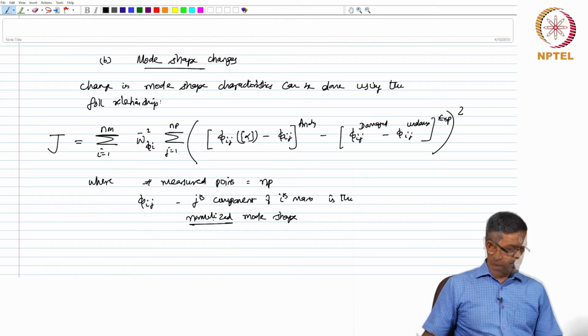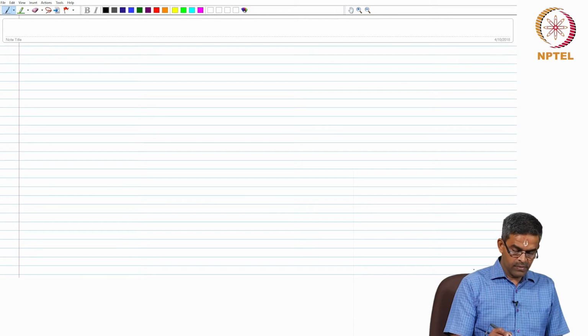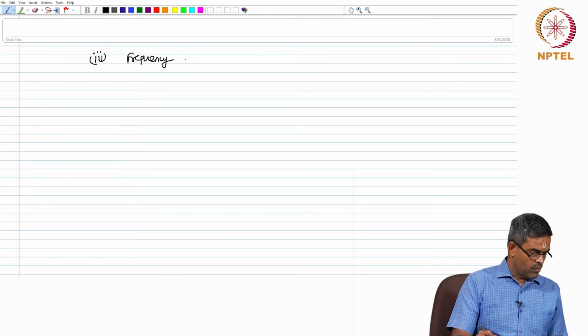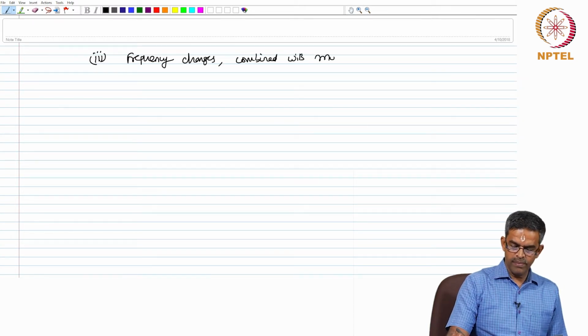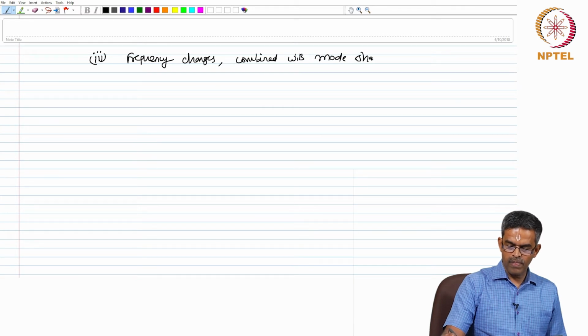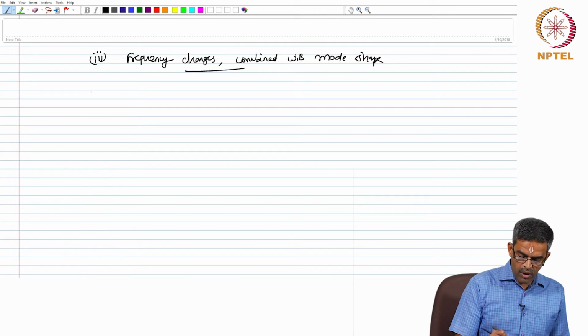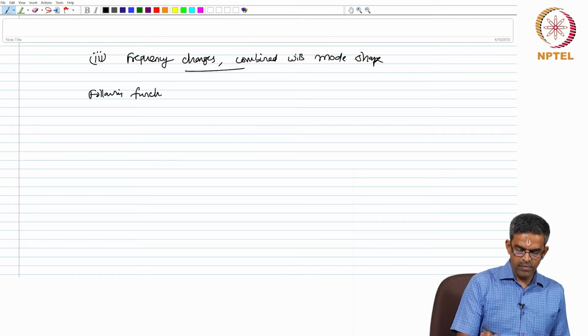That is important. I can also do this by looking at the frequency changes combined with mode shape. The following function is valid.